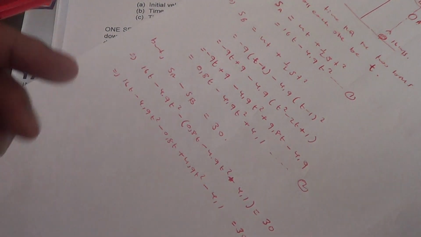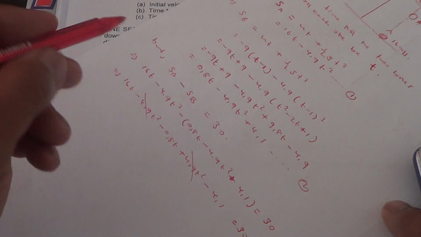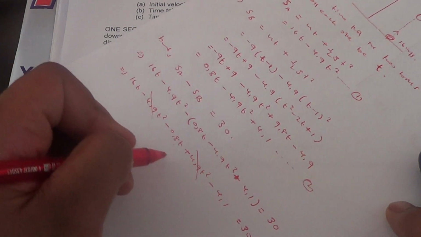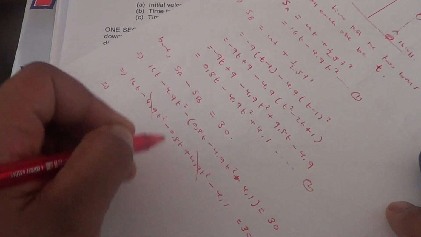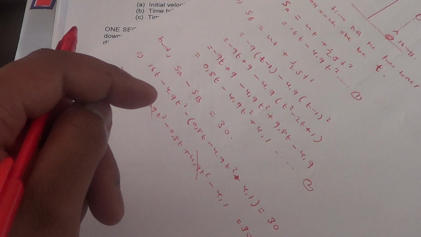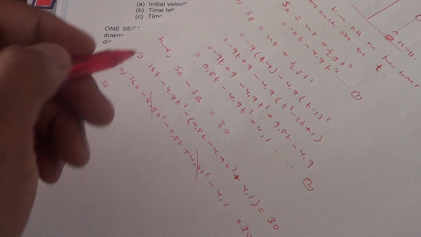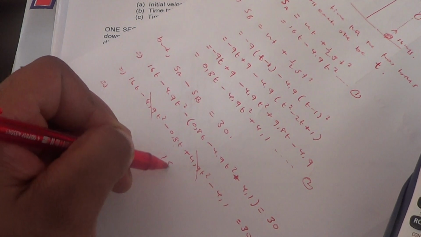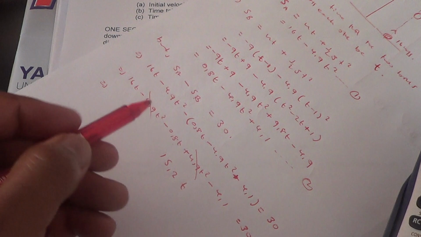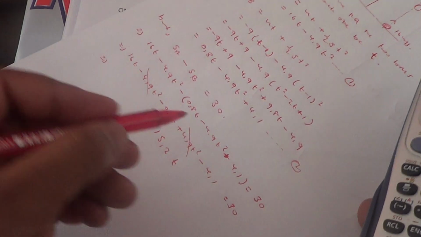Alright, not a problem. So immediately you can see 4.9 cancels the 4.9, and then now we have 16 minus 0.8. So this implies that we will have a situation here where we have 16 minus 0.8. So I get 15.2 t. Okay, and then what do we need? We need to transpose this negative to the other side.